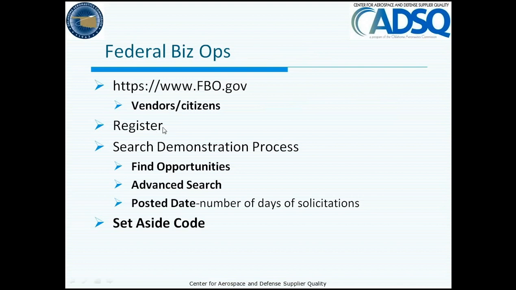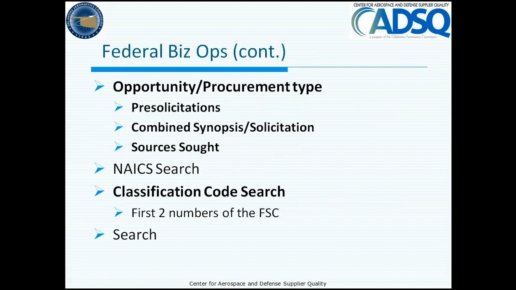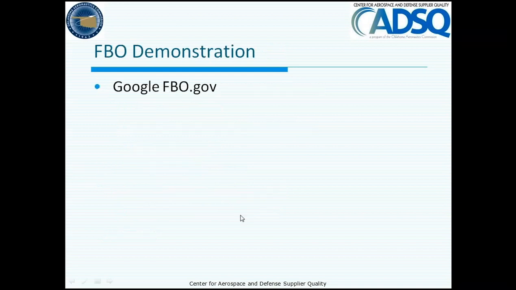We're going to talk about registering, and then I'm going to go through the search demonstration process and the set-aside codes in Federal Biz Ops, and we'll talk about it. And I'm going to talk about the opportunity procurement type, pre-solicitations, combined synopsis solicitation, sources sought, NAICS search, and class code search. Then I'm going to actually do a search. So let's go back to that slide, and hopefully I can go online and find that one.